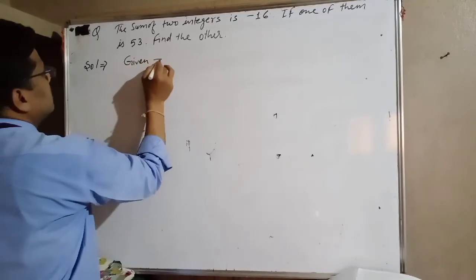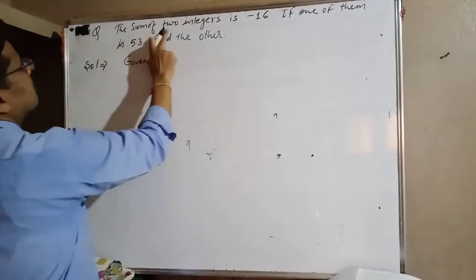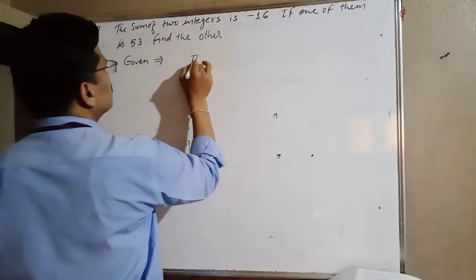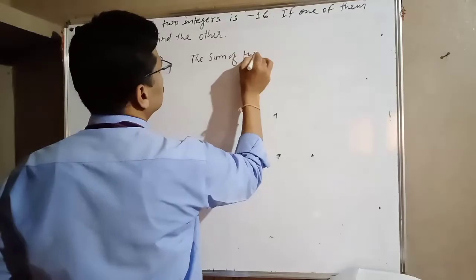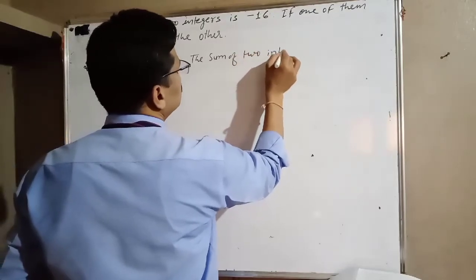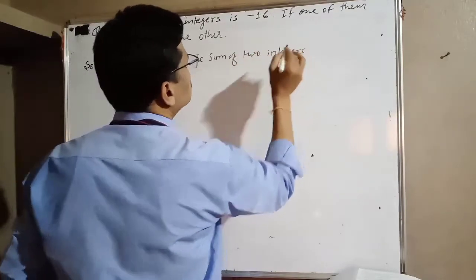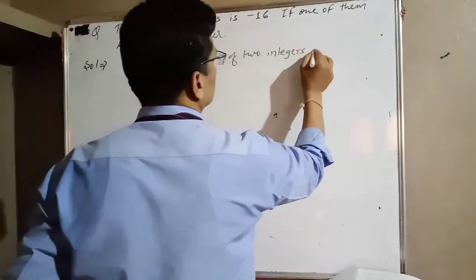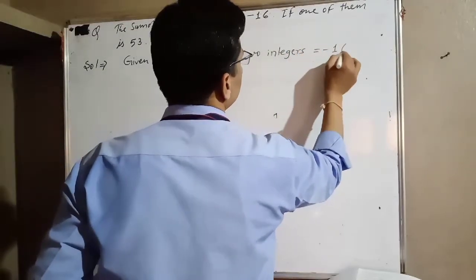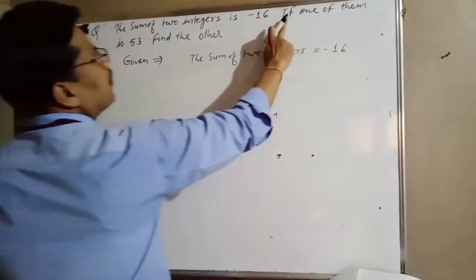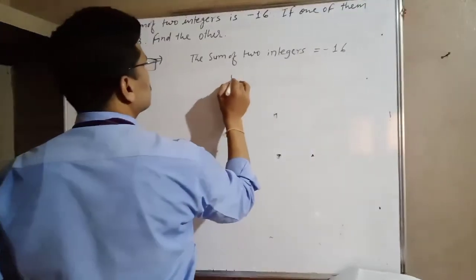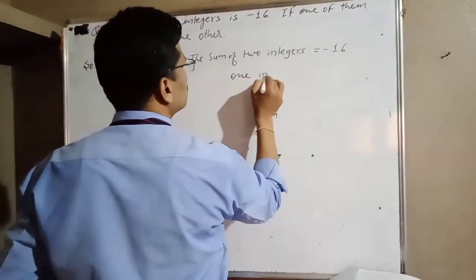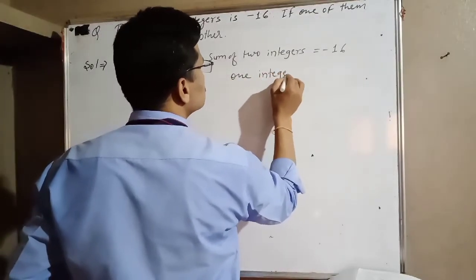You can write here the sum of two integers. So we write here: given, the sum of two integers is minus 16. Now, if one of them is 53, one integer, we can write here one integer.